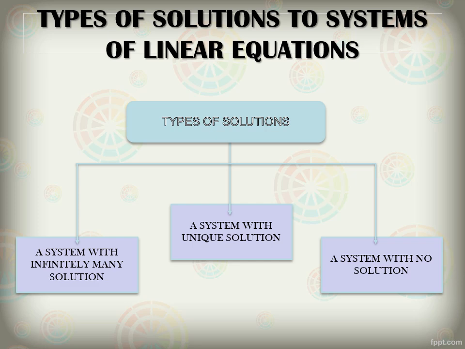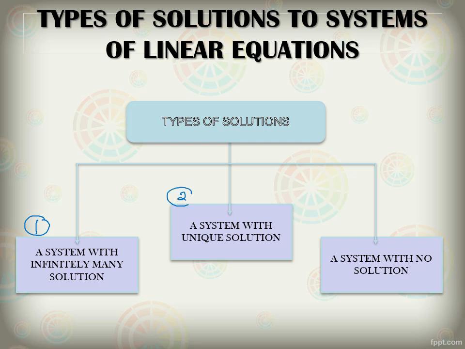So the first one is system with infinitely many solutions. Okay, so it means here the unknowns in your system of linear equation can take many values. Okay, so we will look at that later.